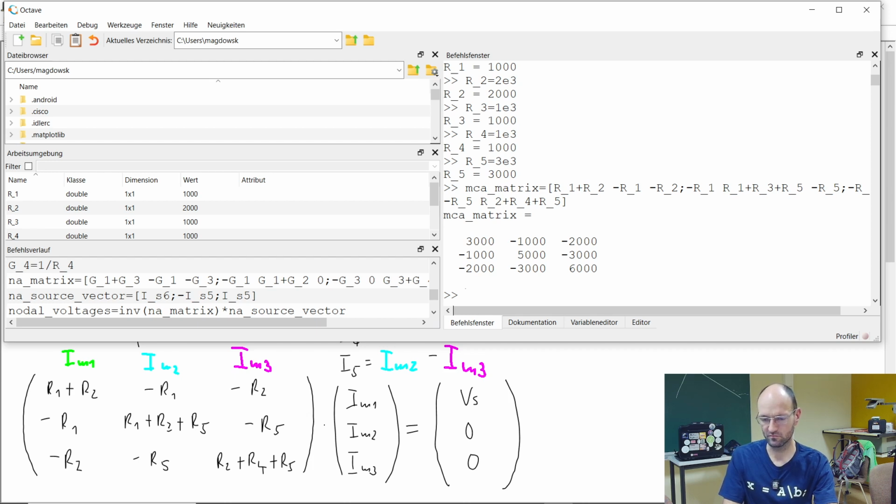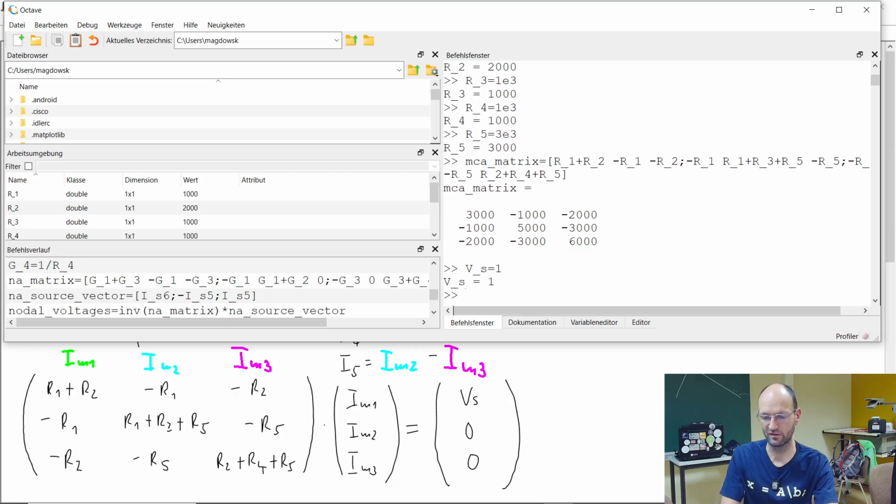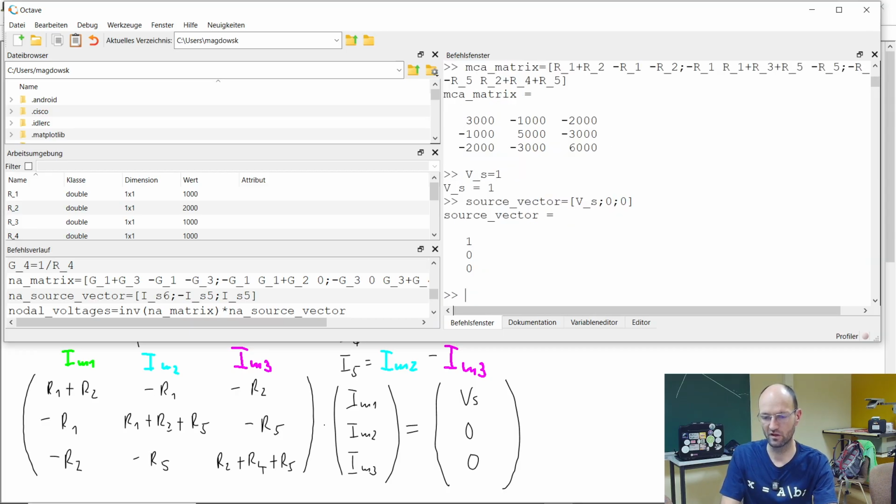Okay, so then the source, we could just set it to 1 volt, for example, if we want to have this equivalent resistance at the end. And so our source vector would be the source, a 0 and a 0, and looks like this.